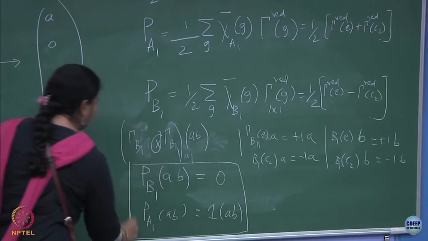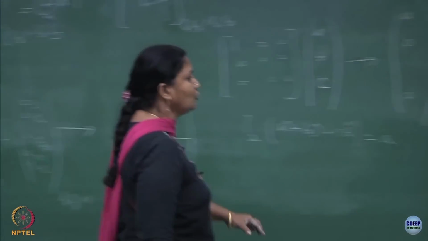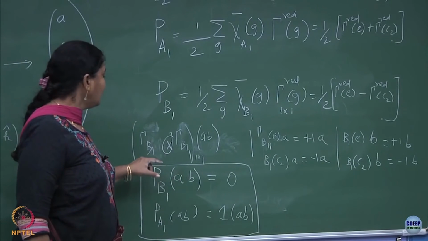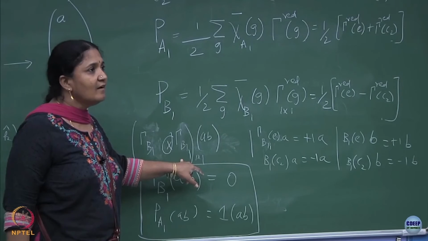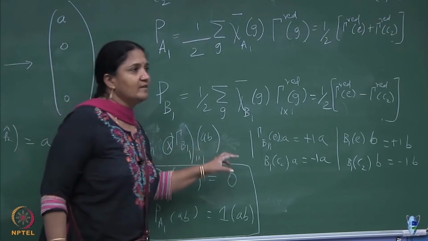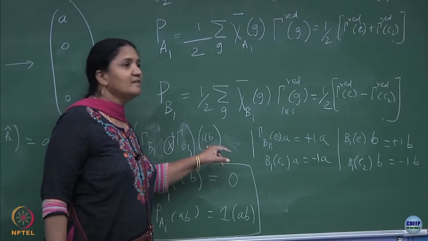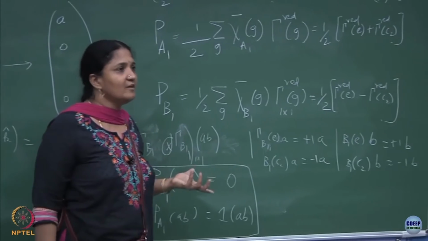So, what does this tell me? That I took the two irreducible representations which are one dimensional, I took the tensor product of those two irreducible representations, it will give me a binary basis, and that binary basis, does it belong to A1 or does it belong to B1 is not clear to me.